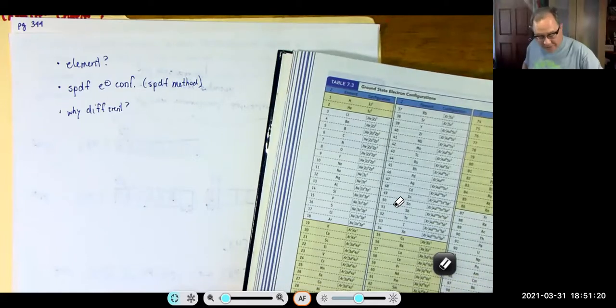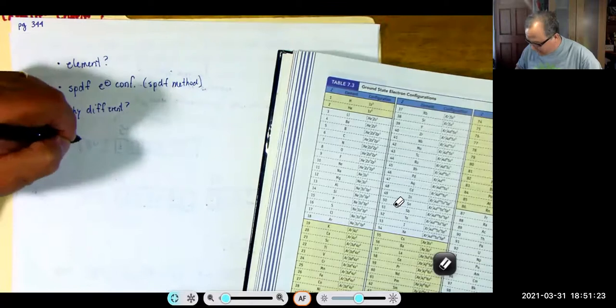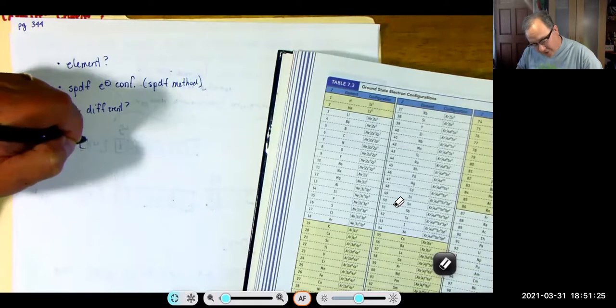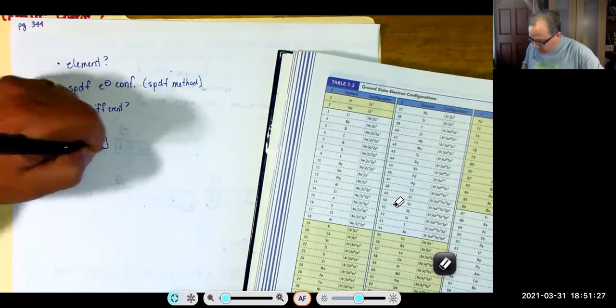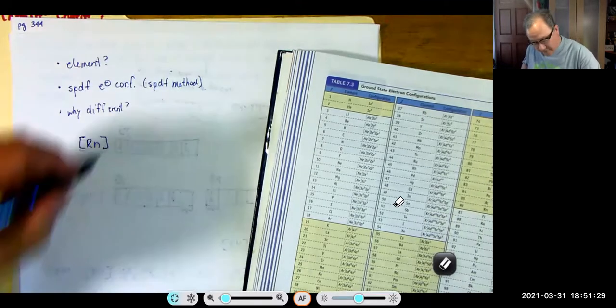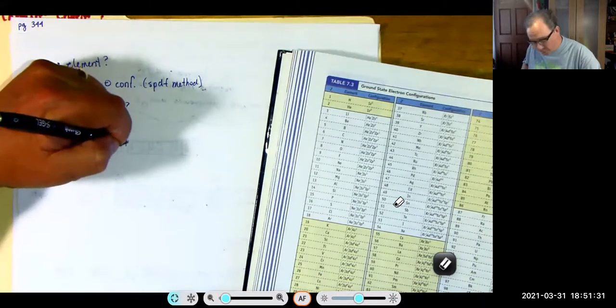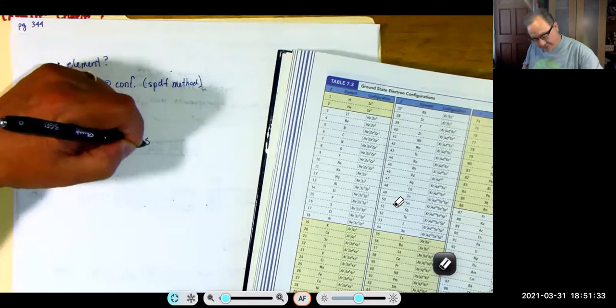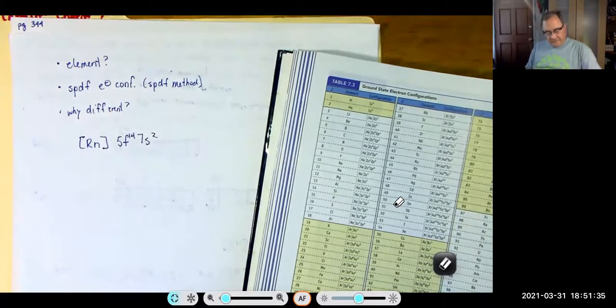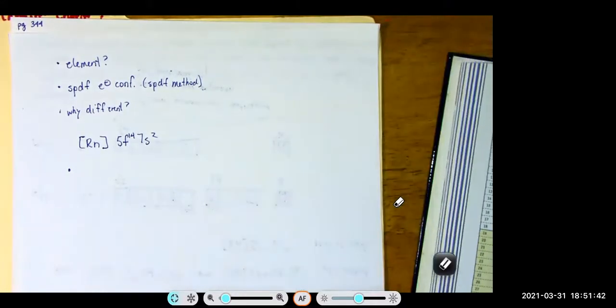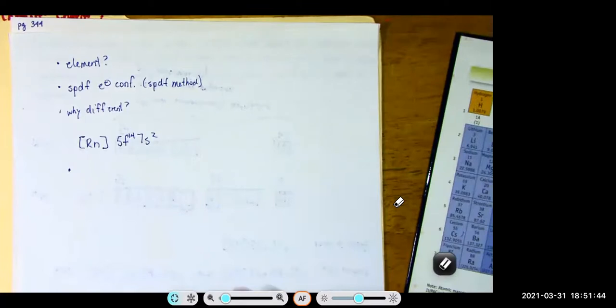Well, shoot, I'm going to do it anyways because it's easy to tell what it is. So Rn 5F14 7S2. So what element is it? Radon 5F14 7s2.